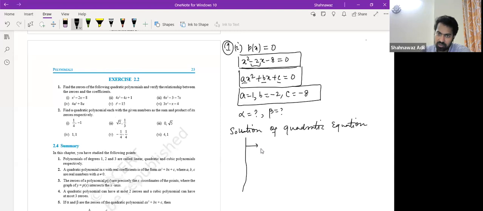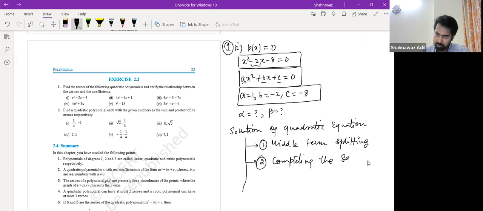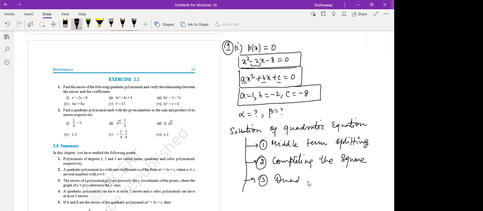One is middle term splitting. The second one is completing the square. And the third one is the quadratic formula.